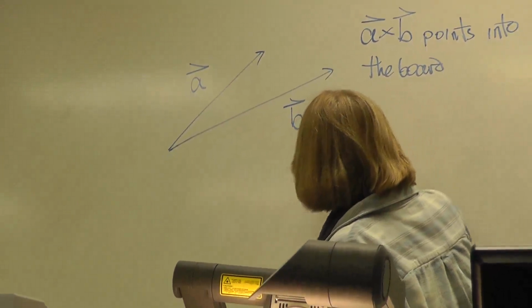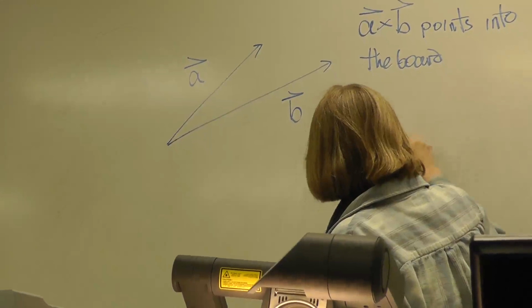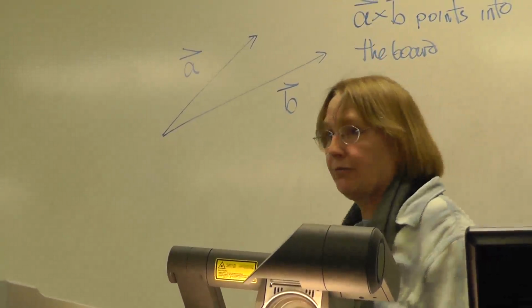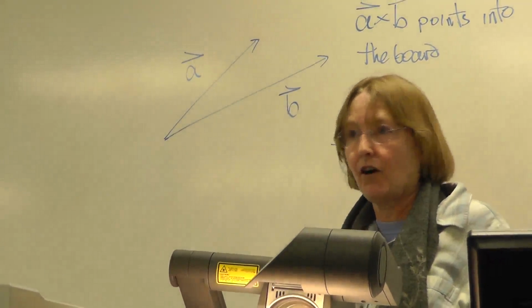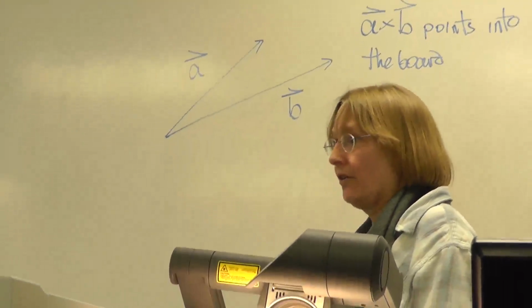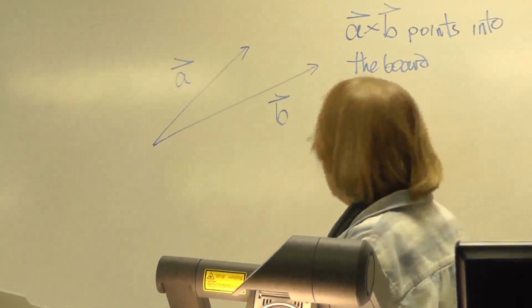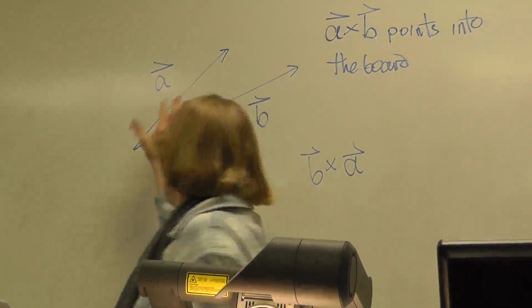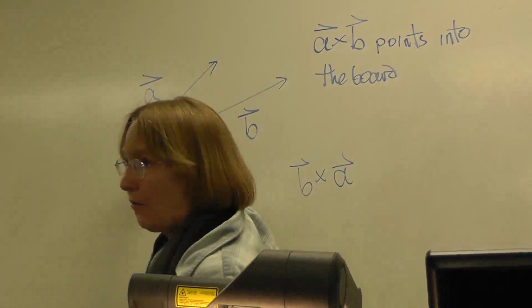If I look at B cross A, I've already told you the relationship between A cross B and B cross A is that they are negatives of each other. Well, if I line my fingers up along B, I could line them up this way, or I could line them up that way.